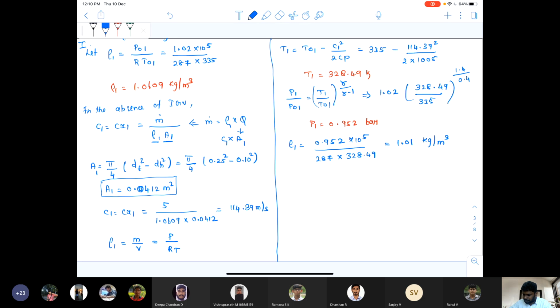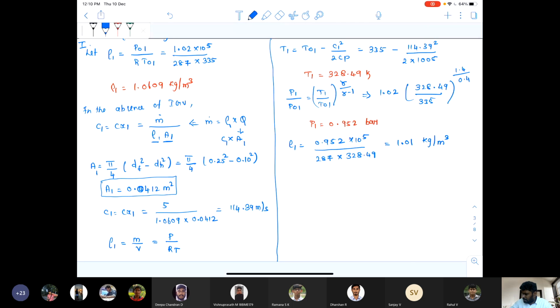Now, we have got the value of rho 1. If you substitute this value of rho 1 in this equation, you can find the value of Cx1.